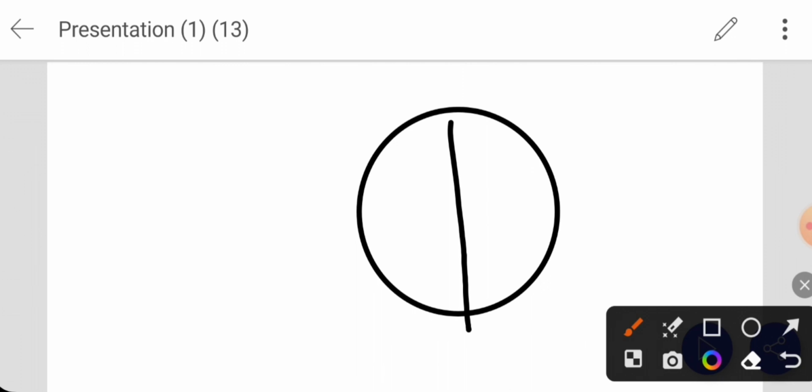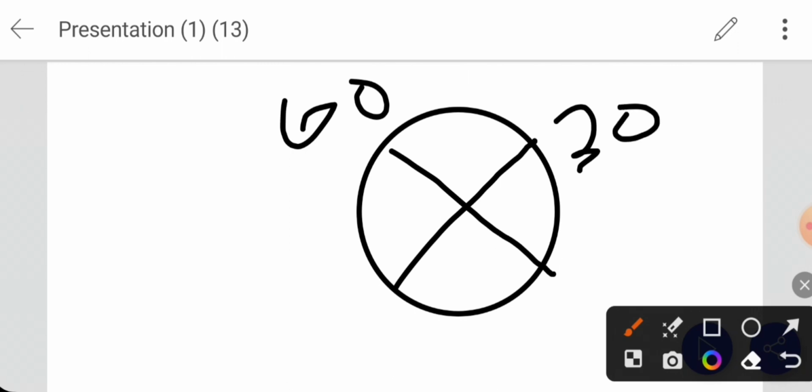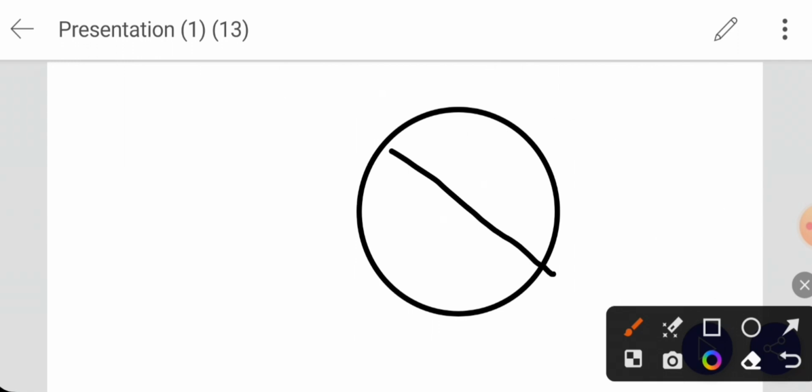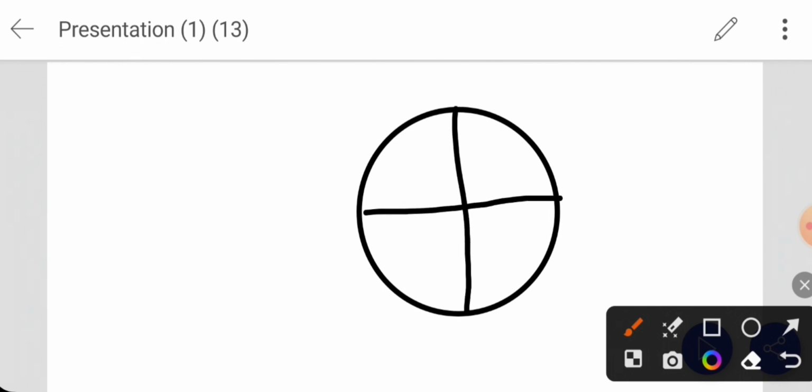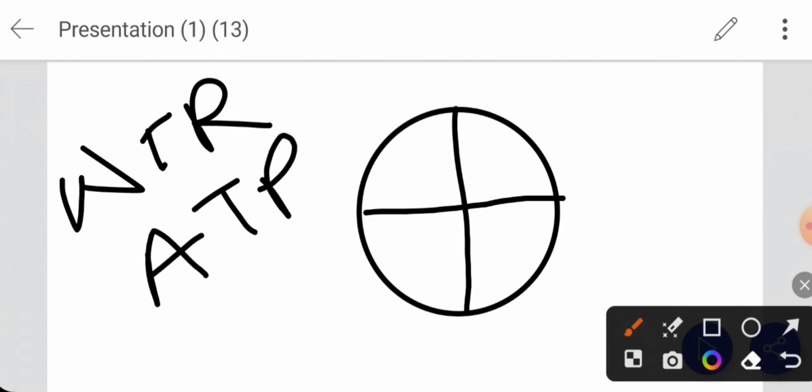What is irregular astigmatism? Irregular astigmatism means the axes can be like that, where one axis can be 60-degree and another 30-degree, but their addition will be 90-degree. Now let's talk about regular astigmatism, where there are two types, known as with the rule astigmatism and against the rule astigmatism.